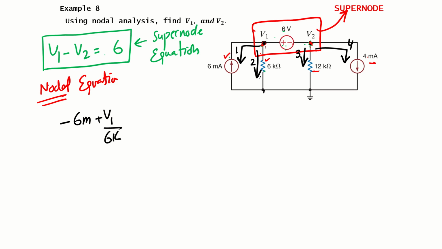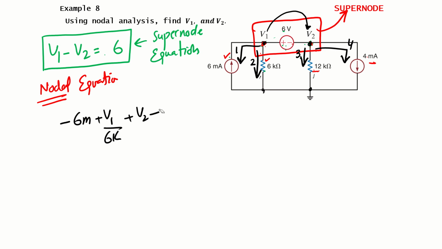Because it's the supernode, I will quickly move towards the second node here and add all the currents for that node also. With reference to V2, what is the current through 12 kilo ohm, which is basically the third current? V2 minus 0, the voltage here minus the voltage here, which is 0.